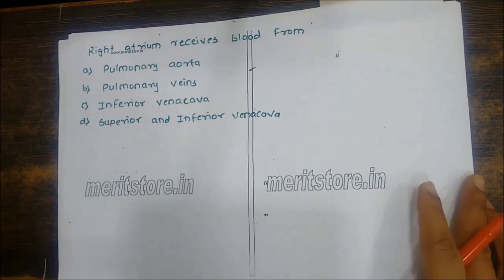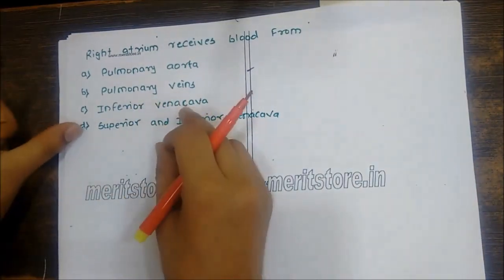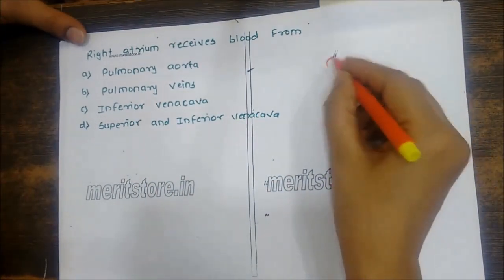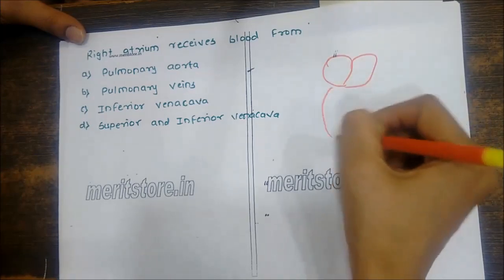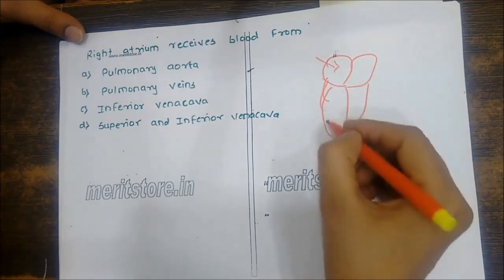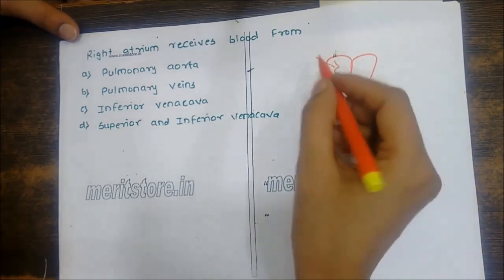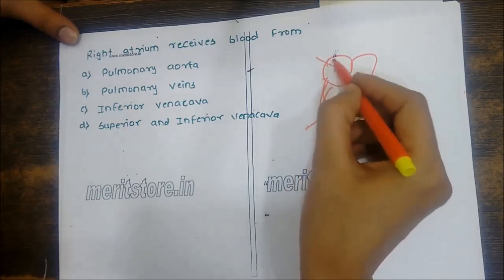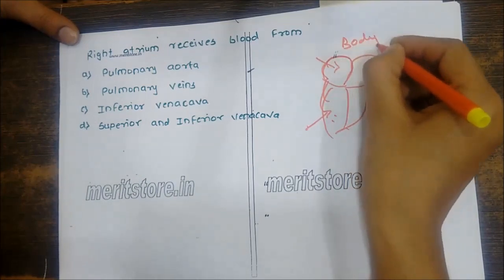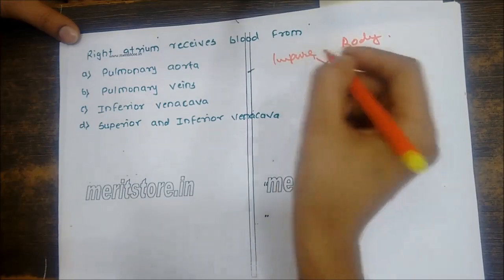The right atrium receives blood from: pulmonary aorta, pulmonary vein, inferior vena cava, or superior and inferior vena cava. This is the right atrium, this is the left ventricle, and the right ventricle. This atrium gets blood from the body, and the impure blood comes in on the right side.